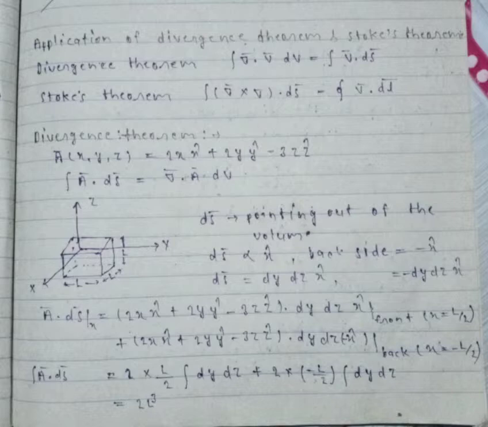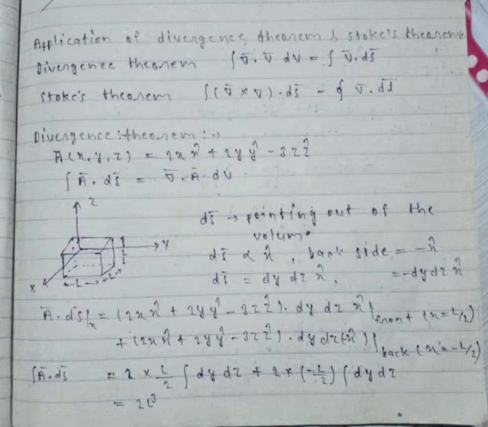And we have already seen that in the x direction ds is dy dz x-hat, and on the back side it is going to be dy dz times minus x-hat. So, for these two surfaces, let us calculate A dot ds.